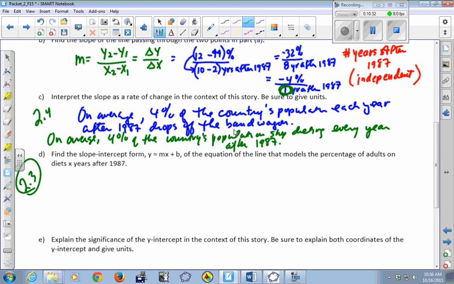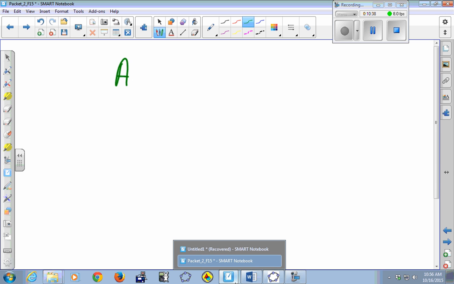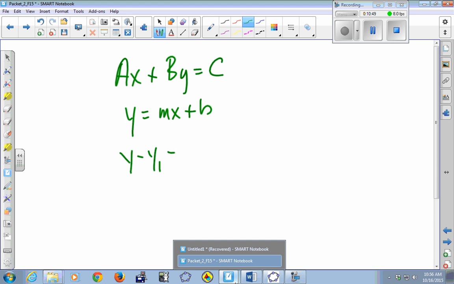Okay. So we really have three different types of equations to represent a linear relationship. We have this form, we have this form, and we have this form. This is called our general equation.